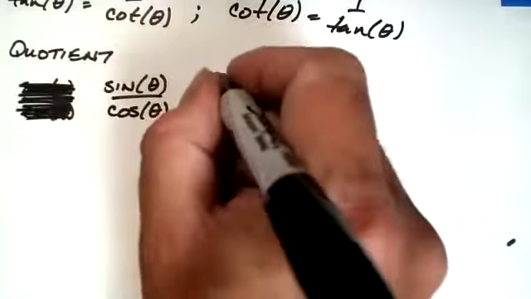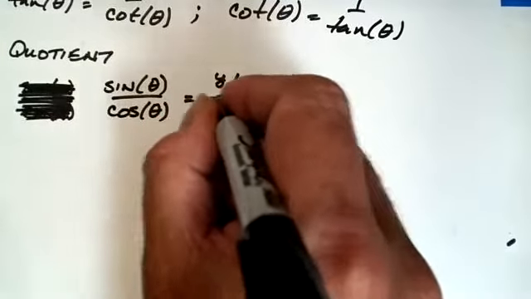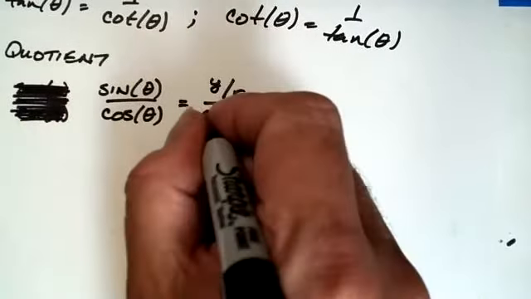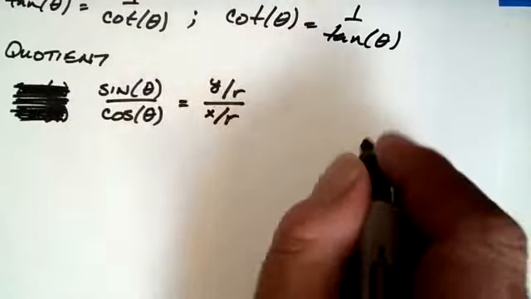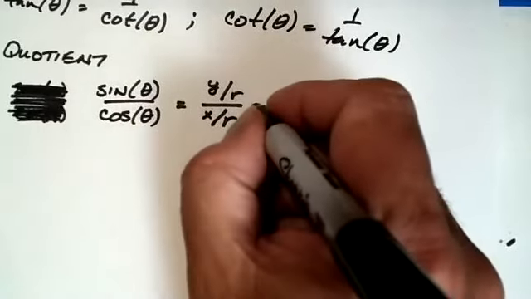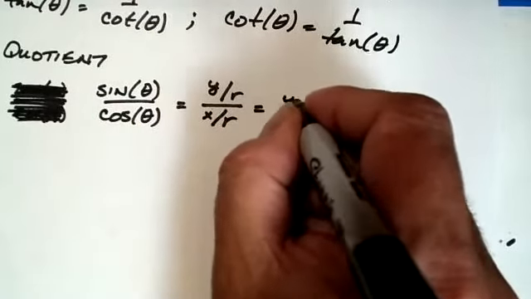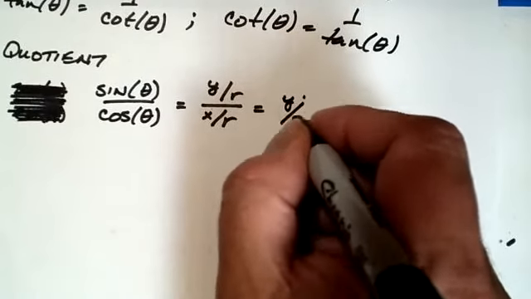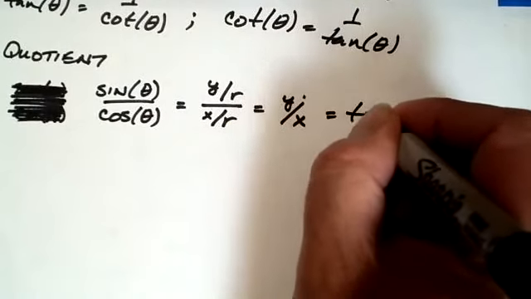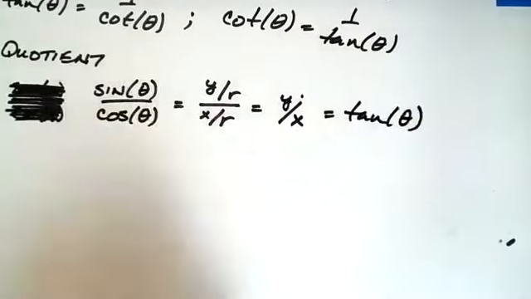Sine of theta, again, is y over r, and cosine of theta is x over r. Well, notice, algebraically, this reduces to just y over x, which happens to be equal to tangent of theta.